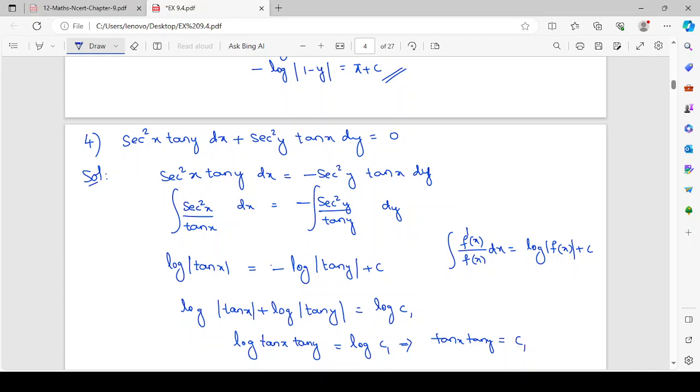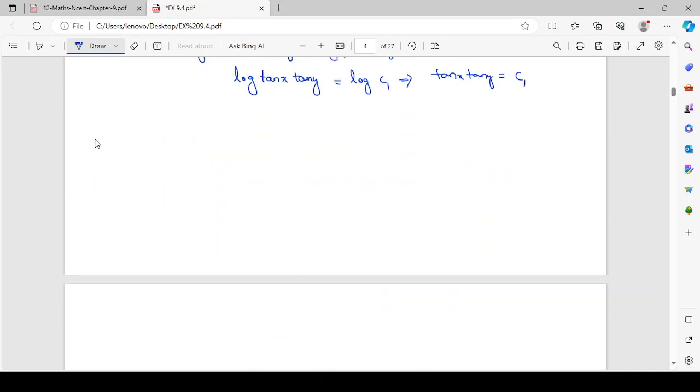Let's go ahead with question number 5. Find the solution of the differential equation.